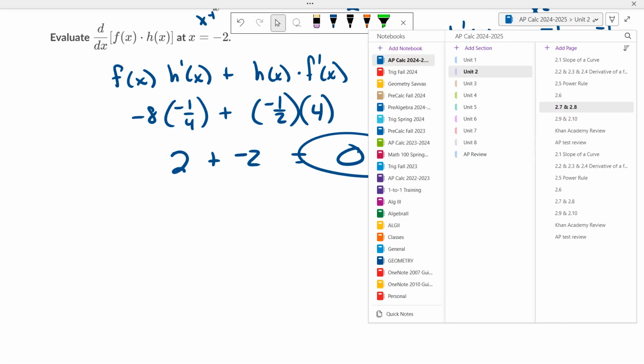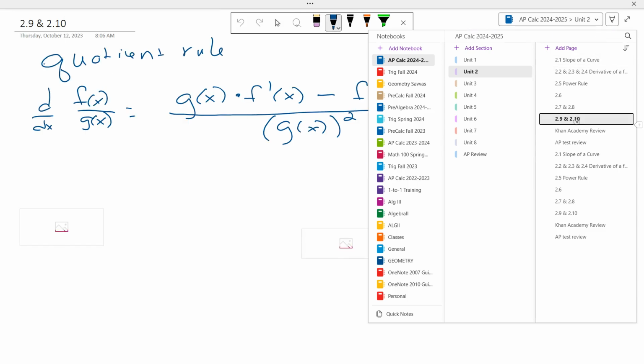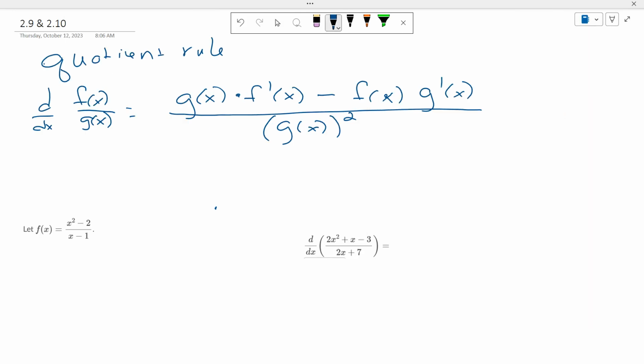Okay, so that's the product rule. Then there's the quotient rule, which is that. It's kind of like the product rule, except it has a minus sign in it, and then you divide by the denominator squared. That's the quotient rule.